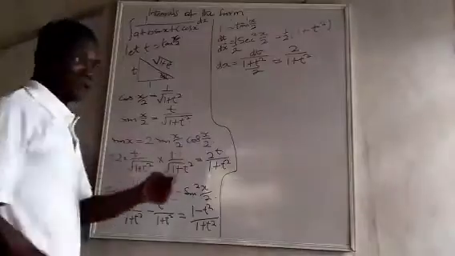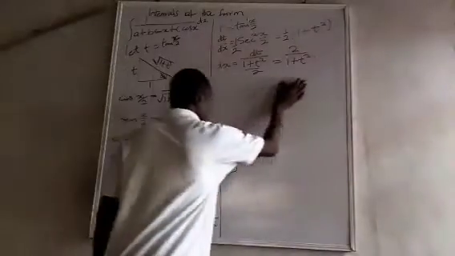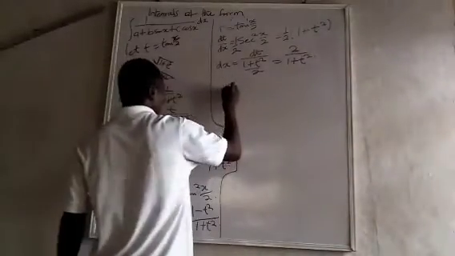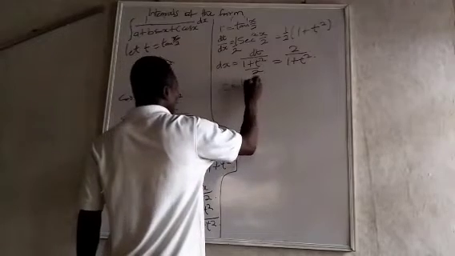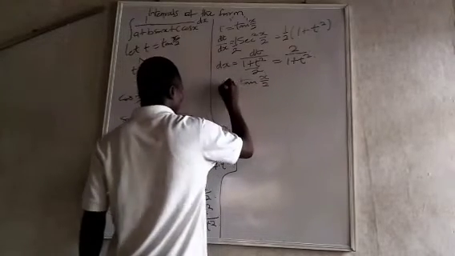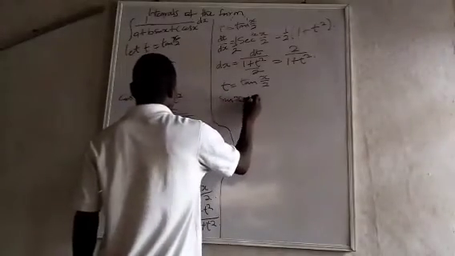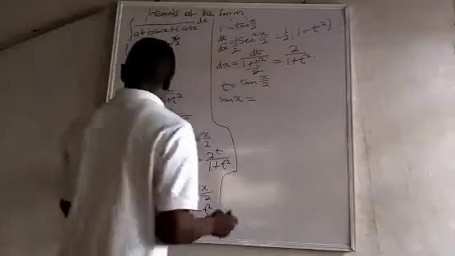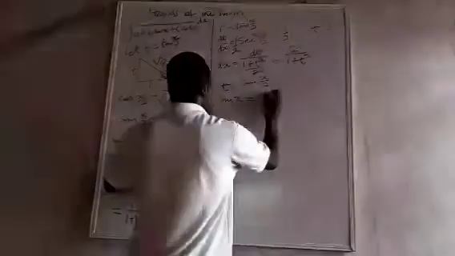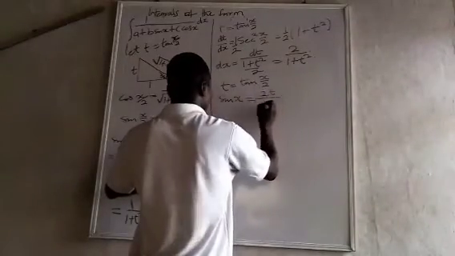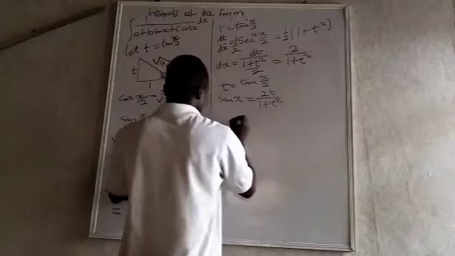So we have our ready-made answers now. t is tan x over 2. Sin x is 2t over 1 plus t squared.